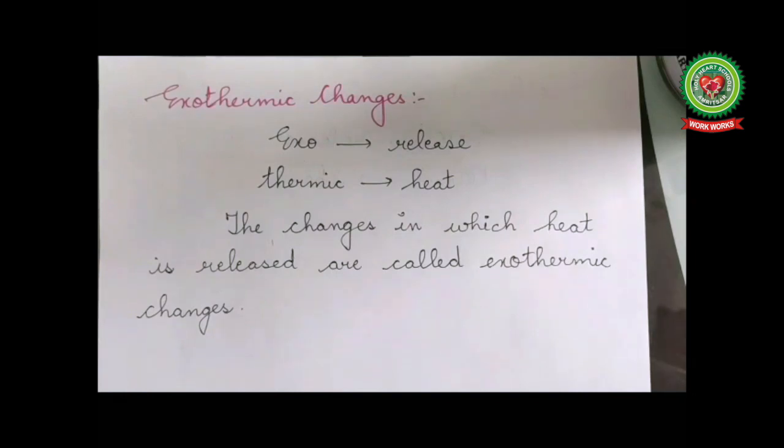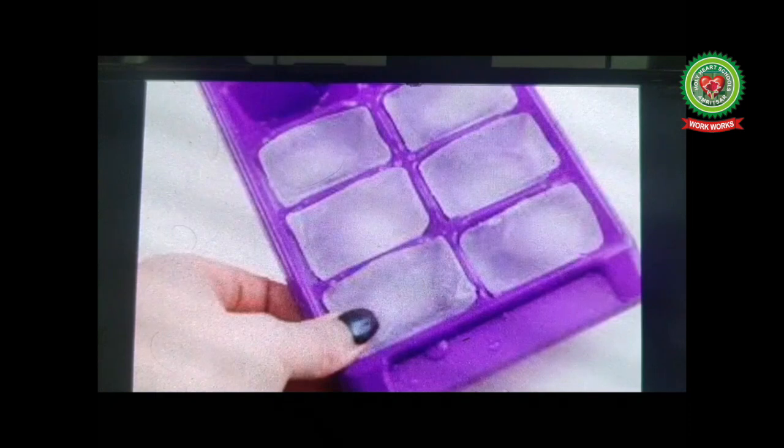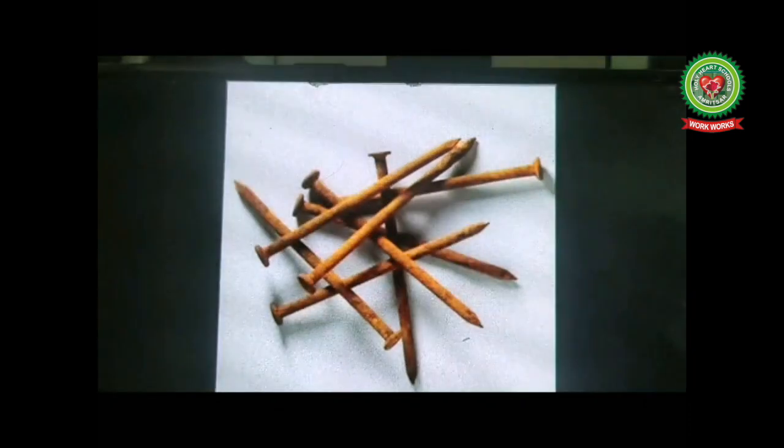Thermic means heat. The changes in which heat is released or given out are called exothermic changes. Let's discuss some more examples of exothermic changes. Making of ice cubes, rusting of iron nails are some of the examples of exothermic changes as heat is being released during these changes.